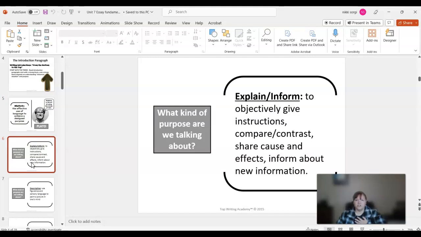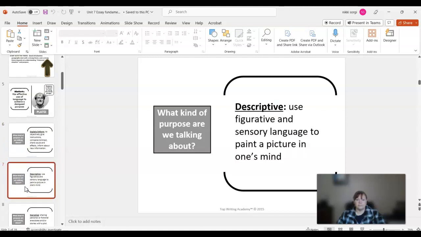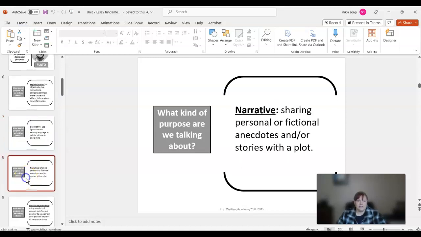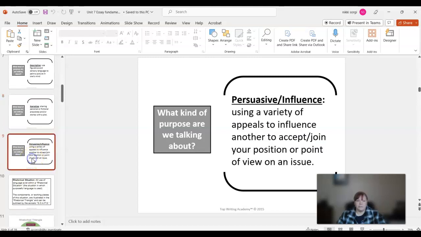So you're going to explain all of this information. You're going to explain and inform your readers on what it takes to get that job, keep that job, and be in that job, right? So that is your job. We're not describing anything. We're not narrating anything. We're not persuasive or influencing. We are not taking a stance on an issue.